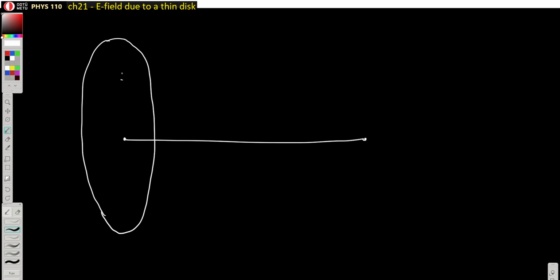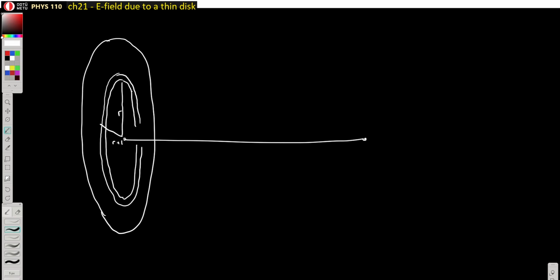What I do is consider a ring here with inner radius r and outer radius r plus dr, where dr is infinitesimal. I'll try to draw this as best as I can.